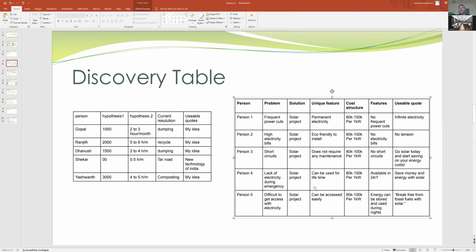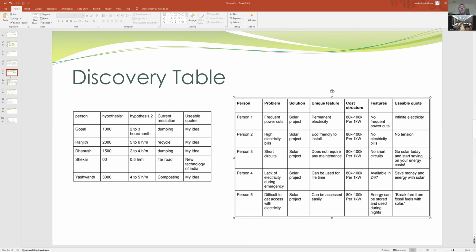Okay, and all of that starts from knowing your customer segment. Which segment am I talking to? Am I talking to the village? Am I talking to a person in the village? Am I talking to a person in the city? Okay, and all that goes into your lean canvas.